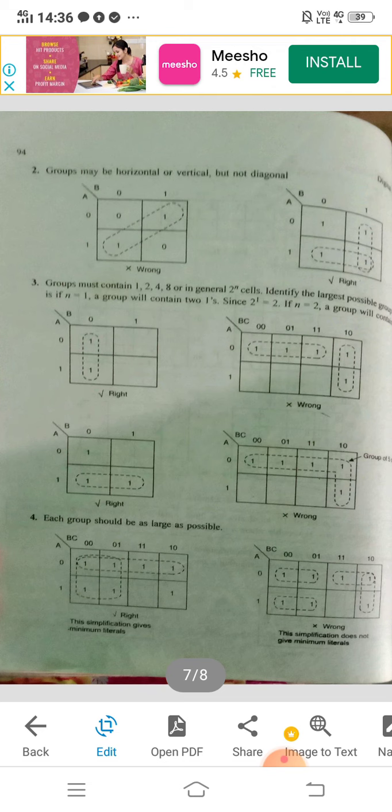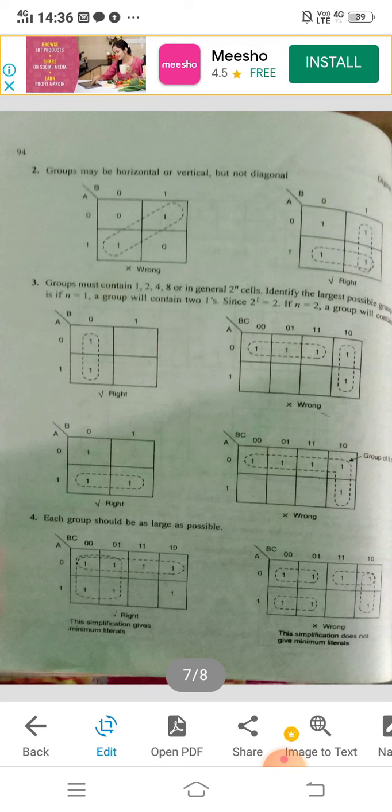Third, groups must contain 1, 2, 4, 8, or in general 2 to the power n cells. 2 to the power 0 is always 1, 2 to the power 1 is always 2, 2 to the power 2 is always 4, 2 to the power 3 is always 8. Identify the largest possible group; if n is equal to 1, it contains 2 ones.